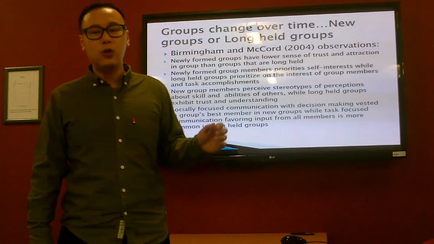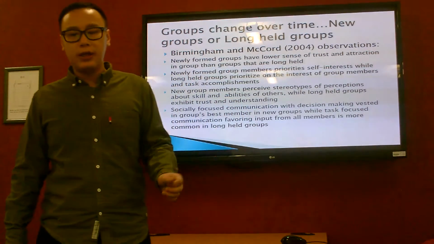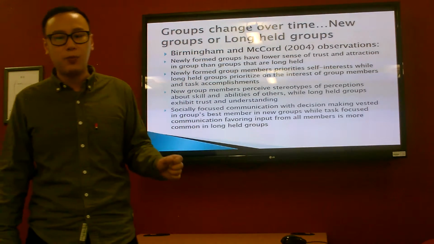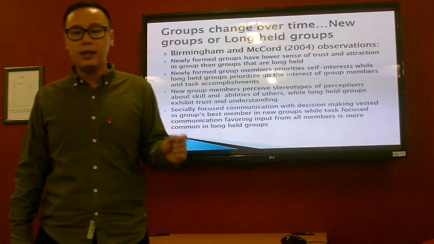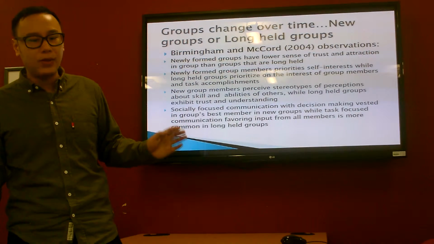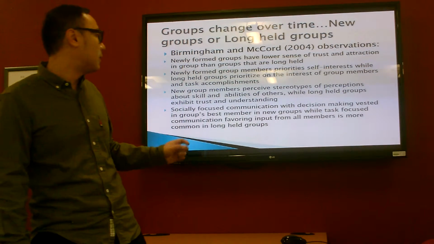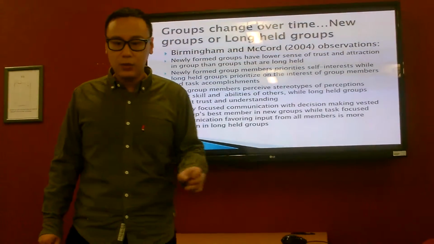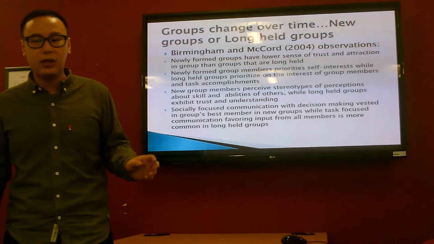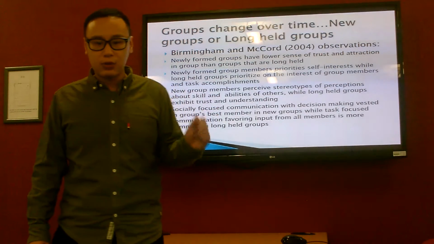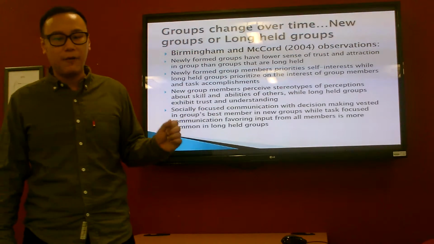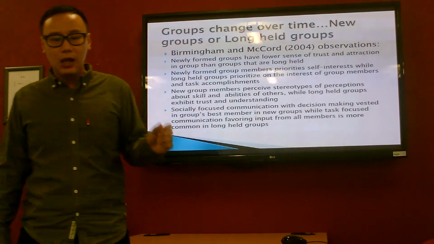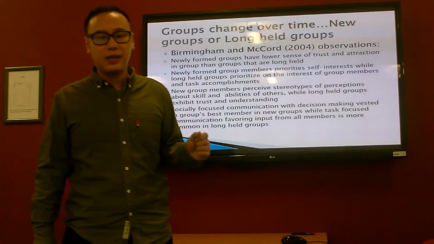Newly formed group members prioritize self-interest, whereas long-held groups prioritize the interests of group members and task accomplishment. And new group members perceive stereotypes of pressure about the skill and ability of others, whereas long-held groups exhibit trust and understanding.